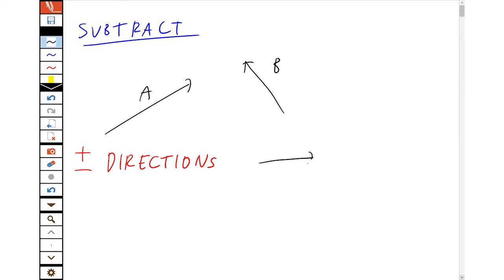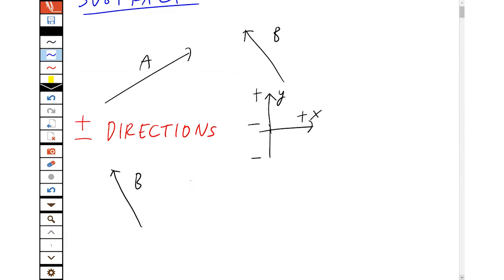We know that plus x is to the right, so minus x is to the left. Plus y is up, so minus y on that axis is down. And likewise, if we have B up and to the left, minus B is exactly the same size along the same axis, but pointing the other way round.